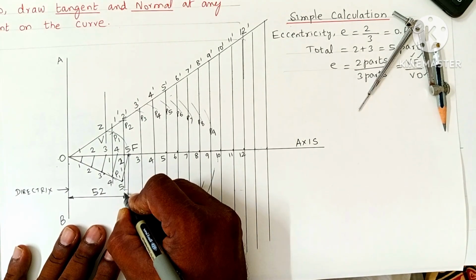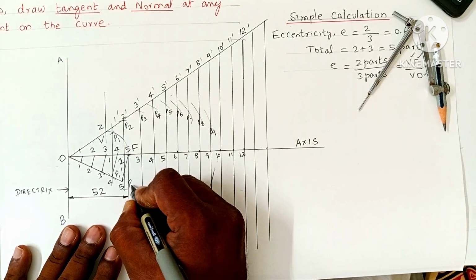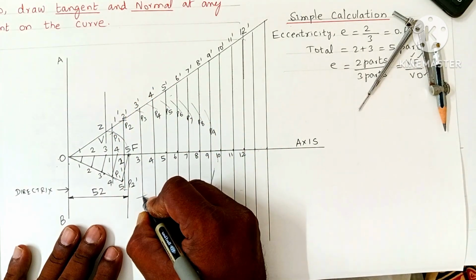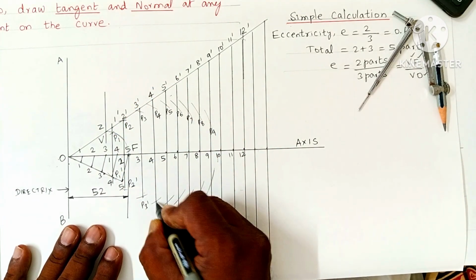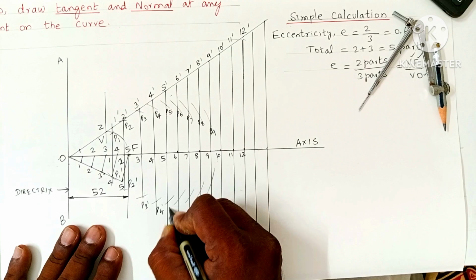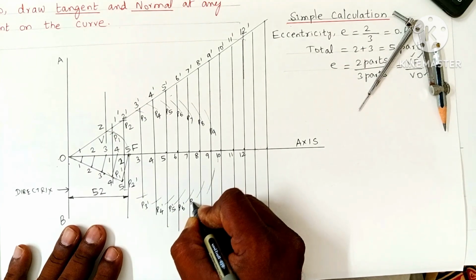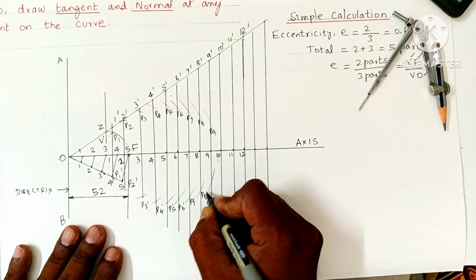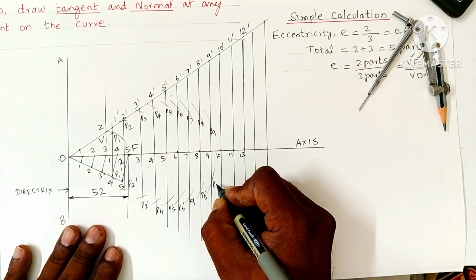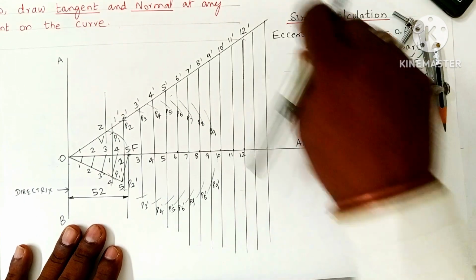This will be P suffix 2 dash, P3 dash, this will be P4 dash, this will be P5 dash, P6 dash, P7 dash, P8 dash, P9 dash.